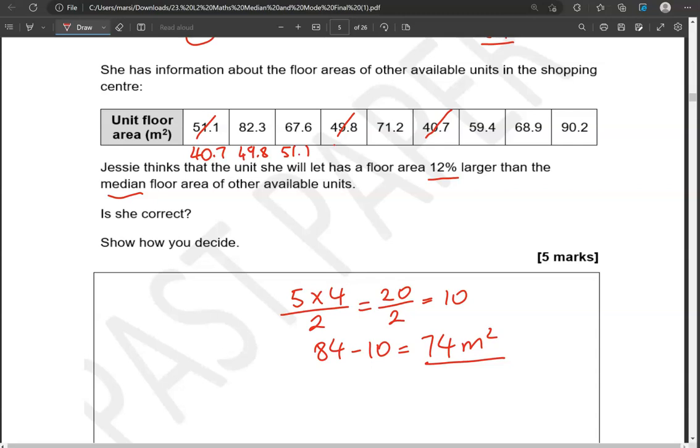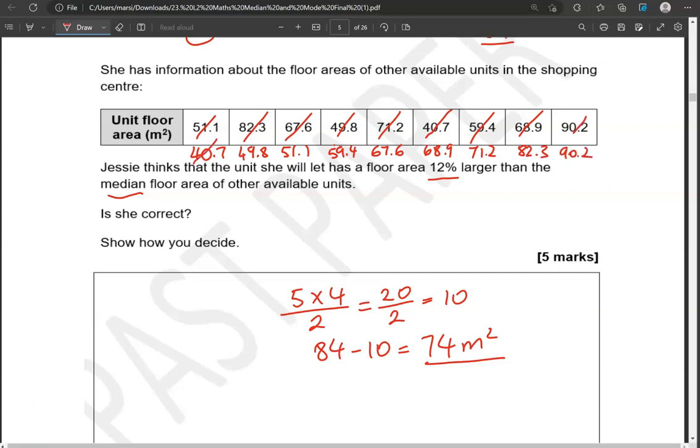Then we have 59.4, 67.6, 68.9, 71.2, 82.3, and 90.2.